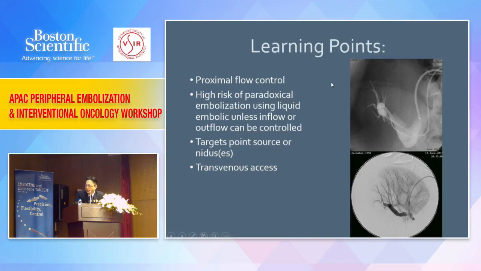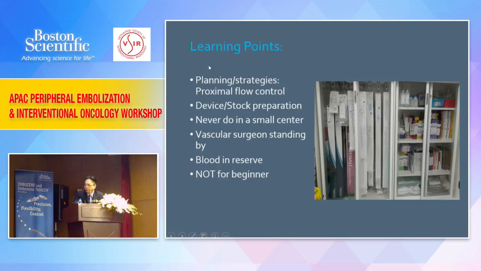So the learning point here is that proximal flow control and high risk paroxysmal embolization using liquid embolic is very dangerous unless you have the scaffolding to hold back the glue. And you must target the source and nidus, and transvenous access actually offers a lot of advantages in many situations. So this is the last slide for the session.